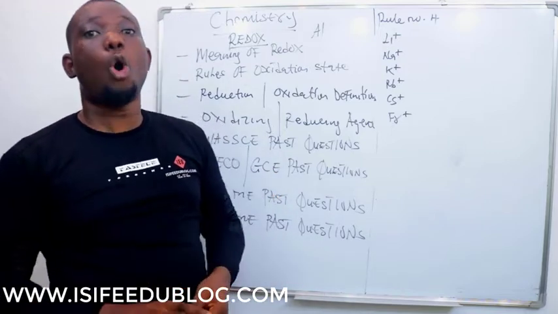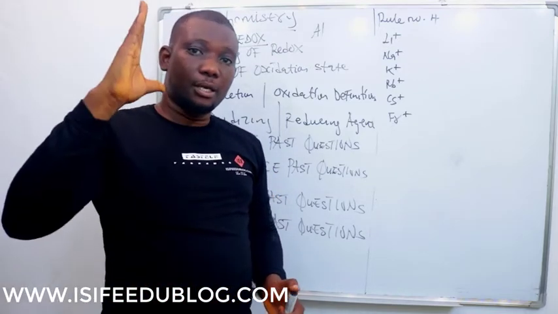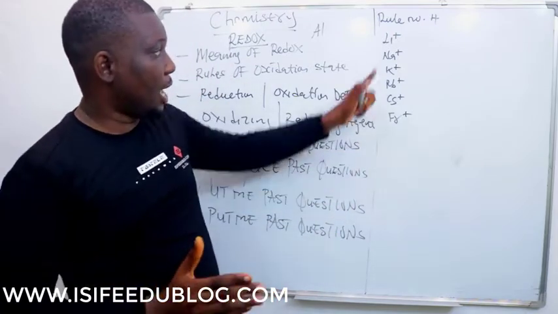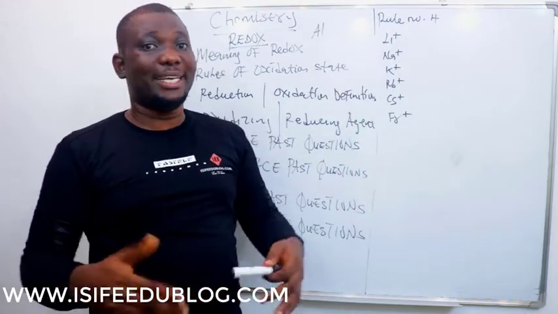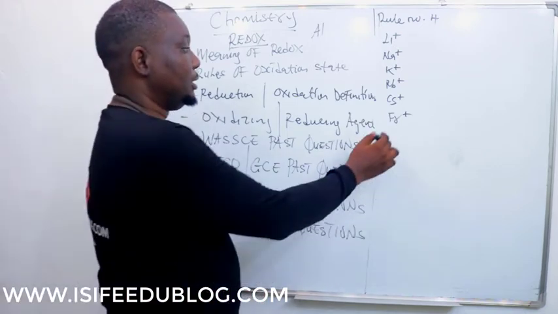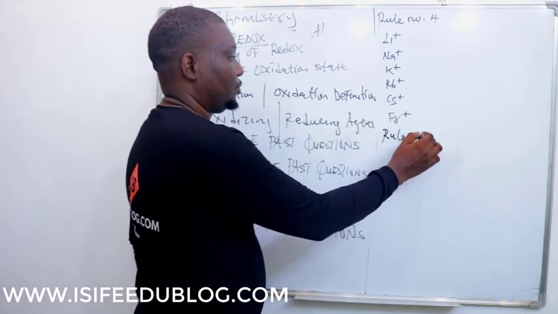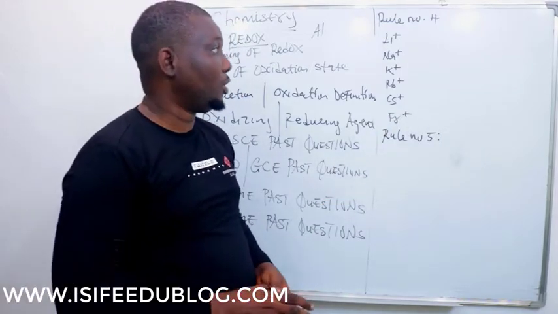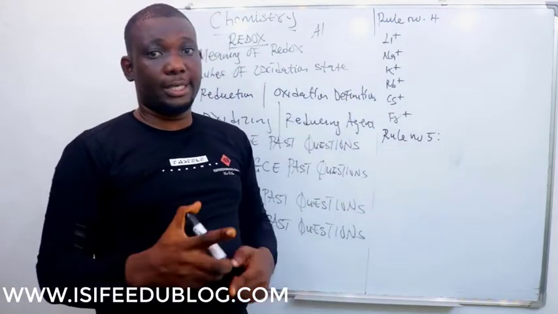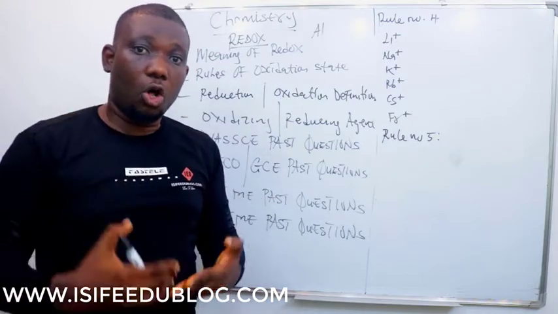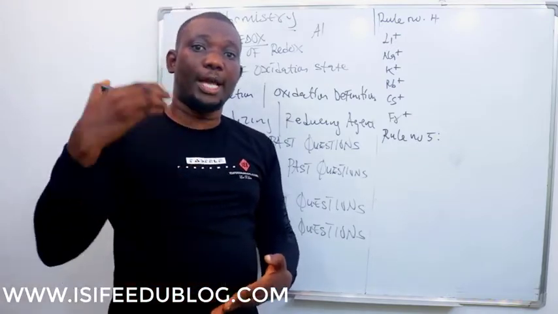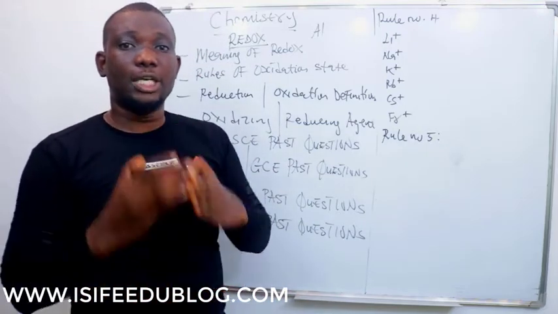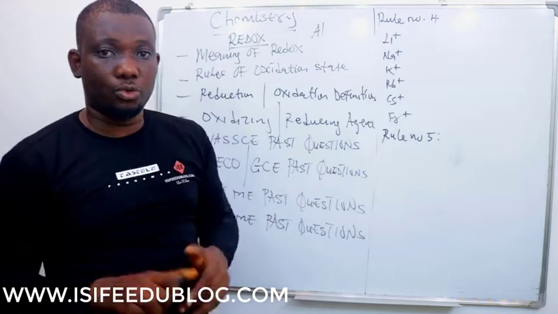All the alkali metals of group 1 of the periodic table have this oxidation state in their compounds. And then rule number 5 is for group 2. If group 1 in rule number 4 has +1 as the oxidation state in its compounds, it means that all the alkaline earth metals of group 2 in their compounds have an oxidation state of +2.